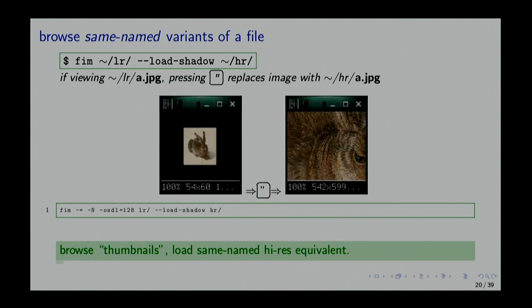But with FIM, I just say, hey, FIM, in that directory are the originals, the heavy originals. So be aware of this. And then FIM offers me the double apostrophe, the double quote key, which does something which I forgot what it is, but you can just check it up with the help. And that will substitute the content of the current images with the high resolution or low resolution or whatever you have set it up.